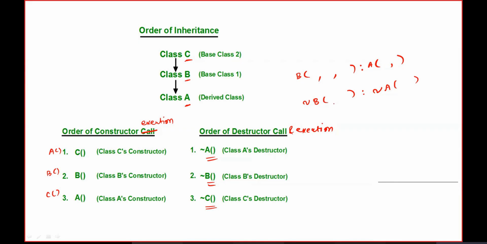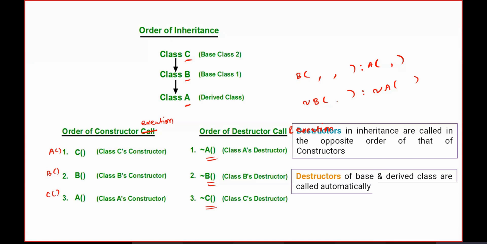And definitely the destructors don't have arguments, so naturally whatever version of the destructor will be called, that will be the default one, because there is only one version for the destructors. So no need to make such explicit calls to the base class destructor like we did in the case of constructors. Fine. So this is very important to note. Destructors in the base and the derived class are called automatically.